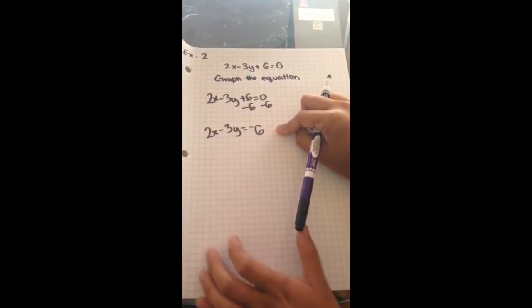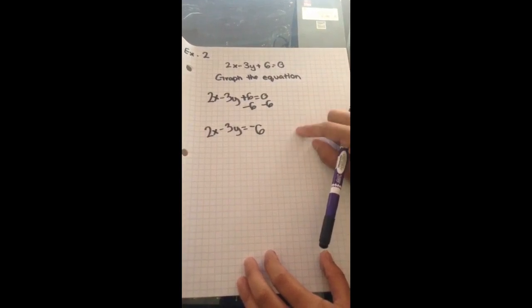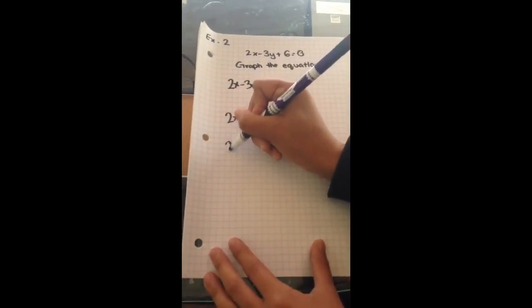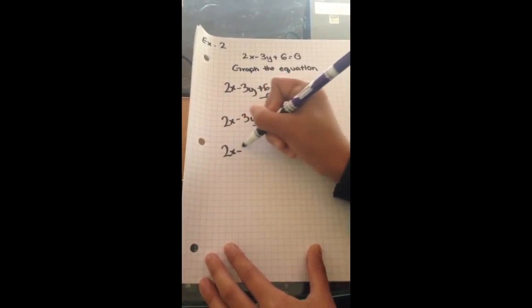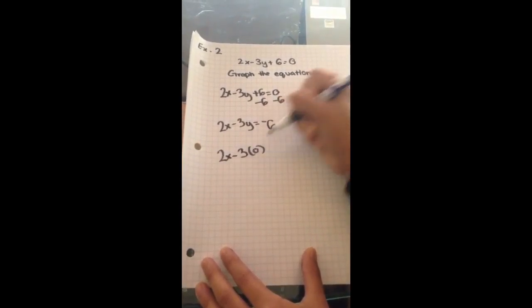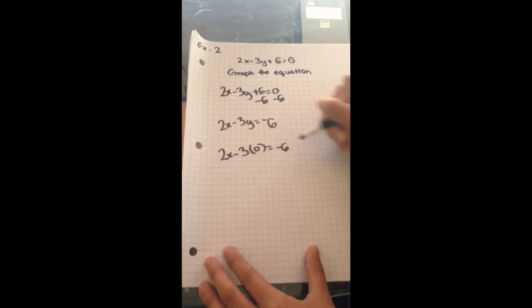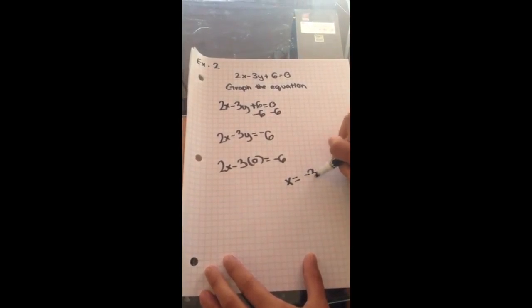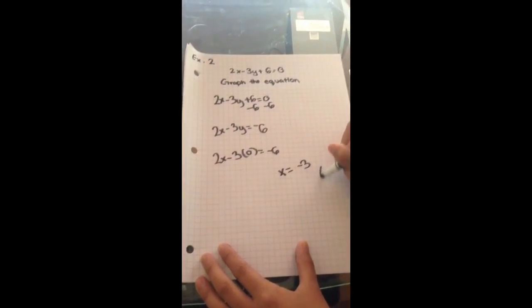So now what we have to do is identify the x-intercept. So let y equal 0. So substitute y with 0. So 2x minus 3 times 0 equals negative 6. So x would be negative 3. So this is one of our points.